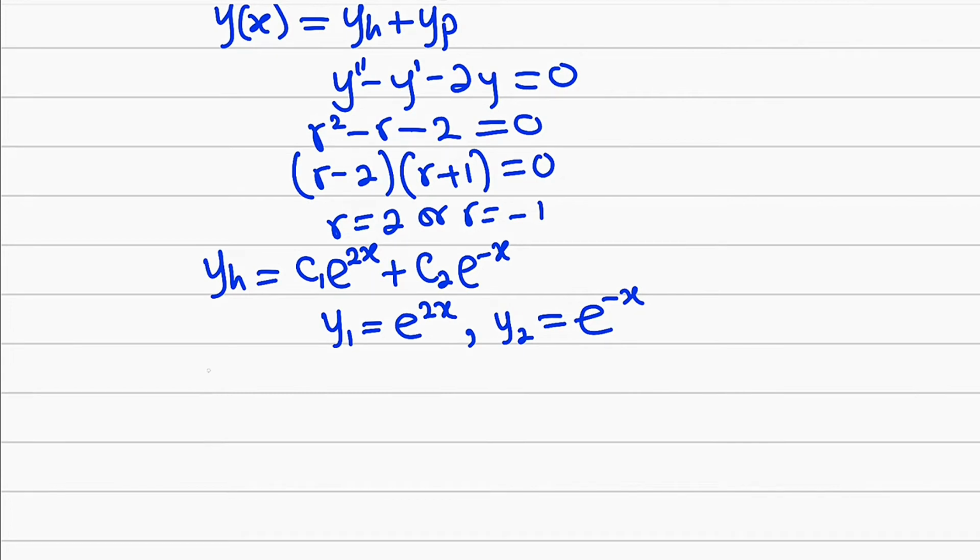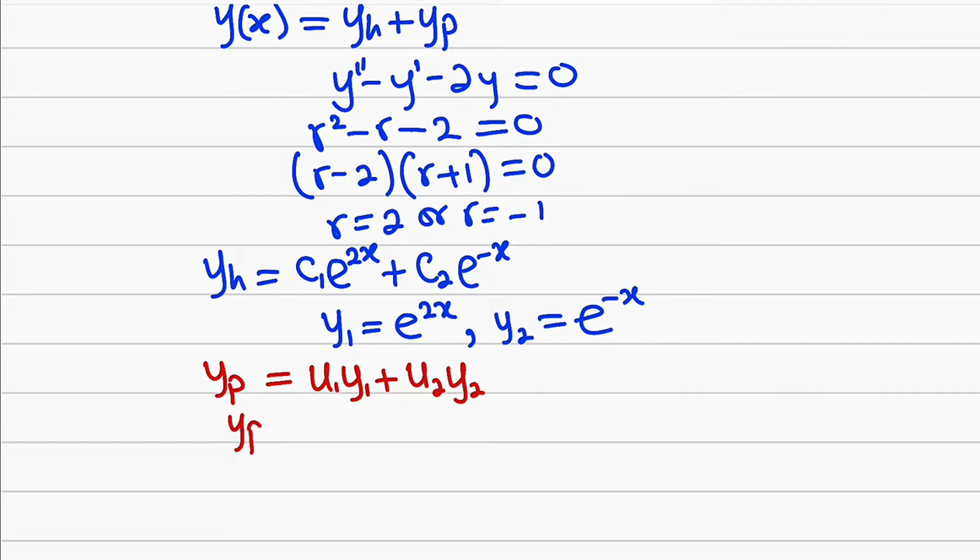Therefore, our particular solution, y_p, will be of the form u1 times y1 plus u2 times y2. So now let us substitute y1 and y2 into this equation.